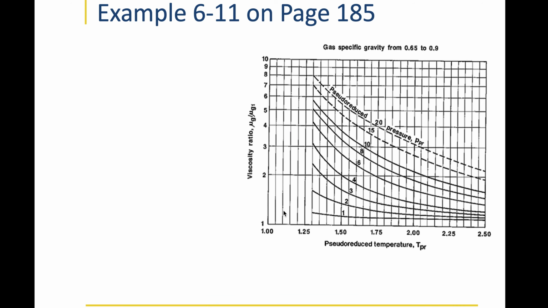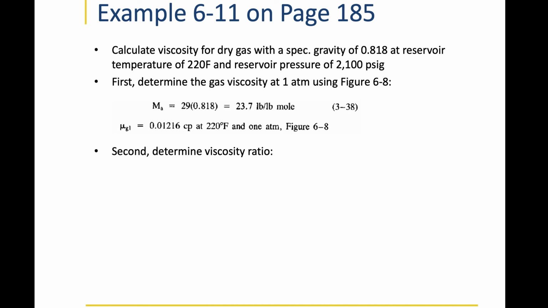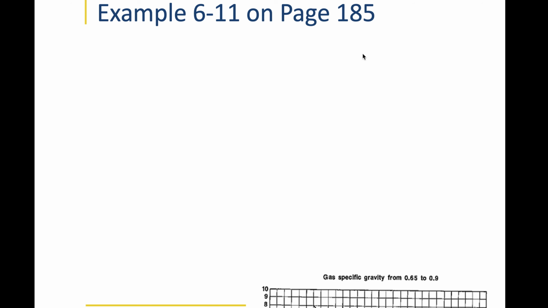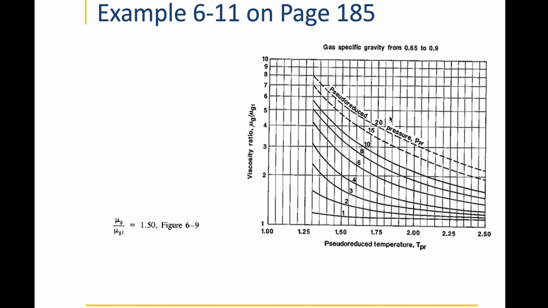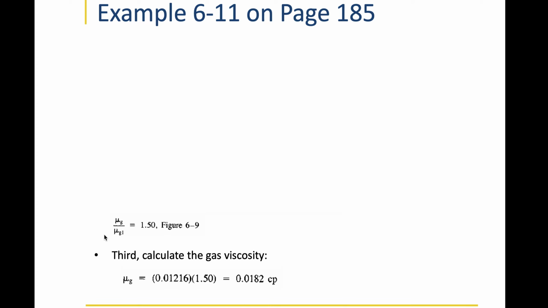Since the specific gravity was 0.8, I can use figure 6-9, which is for specific gravity between 0.65 and 0.9. Knowing the TPR and the PPR, I can read the ratio, which is 1.5. Now the viscosity at the reservoir is 1.5 times the viscosity at 1 atmosphere, which we had previously.